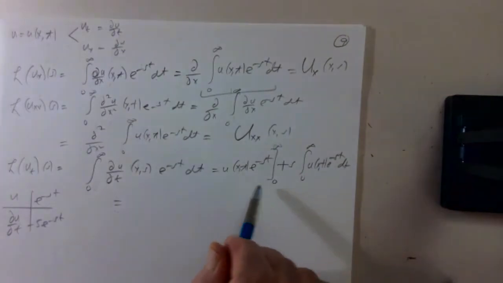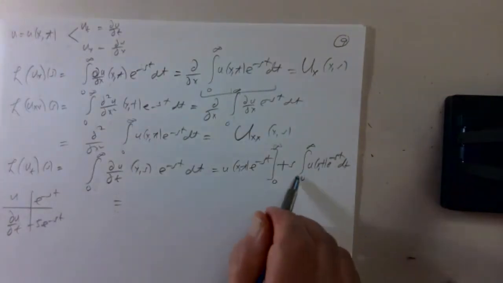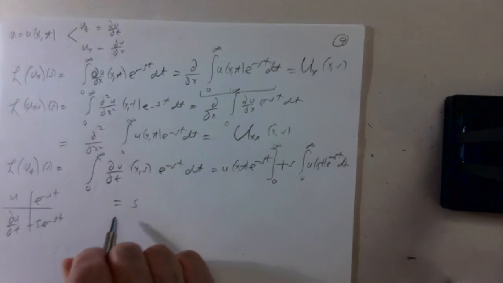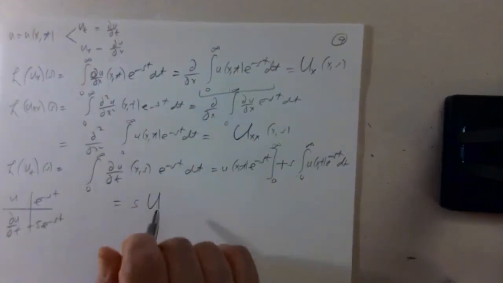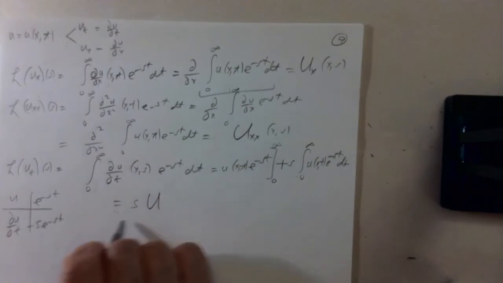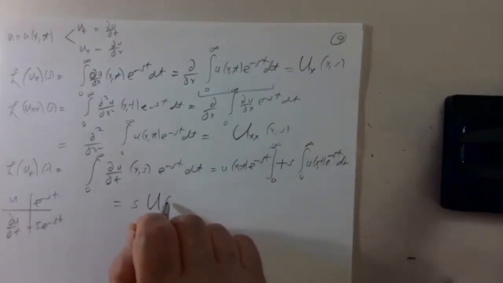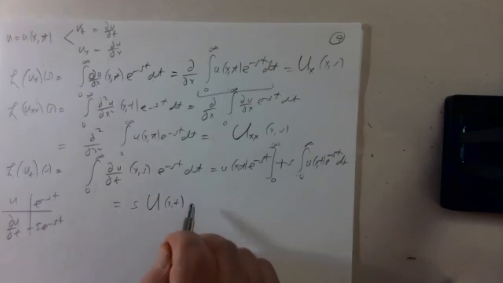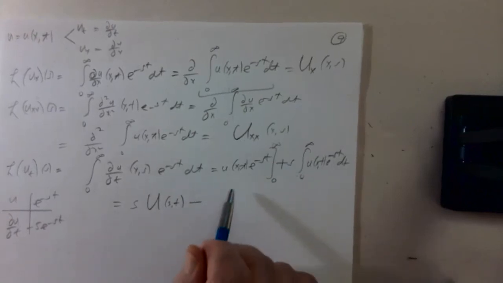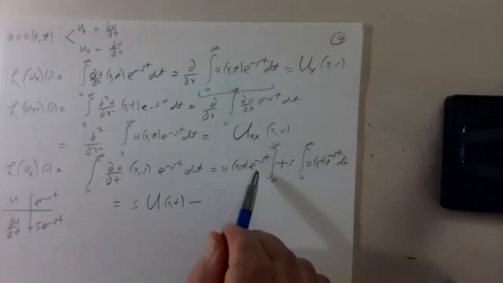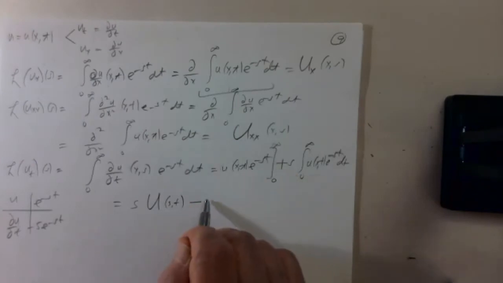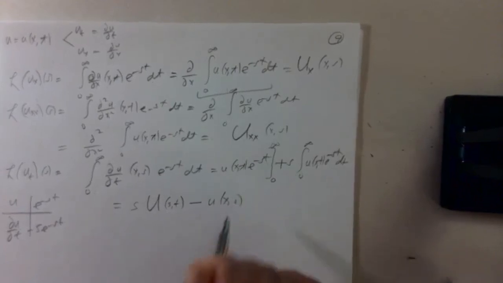When t equals 0, we get s times the Laplace transform of u with respect to t. And when t is 0, this is u of x, 0.